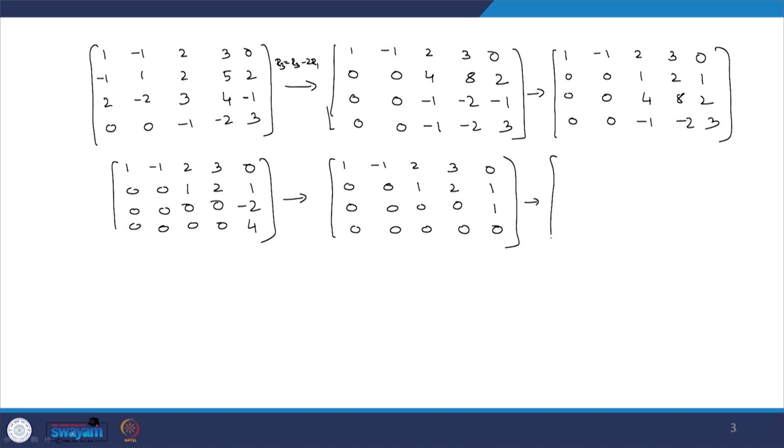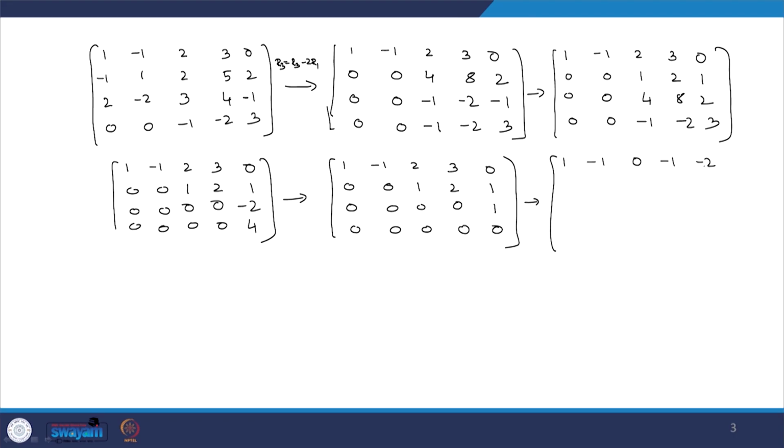Let me go. This is equal to 1, then I have minus 1, and I multiply the second row by 2 and subtract it from the first row. So, then 3 minus 4 is equal to minus 1, and 0 minus 2 will come into the picture.